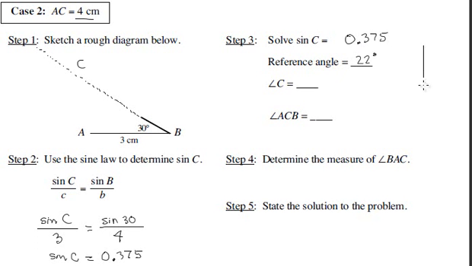Now you remember what we were doing before. We said if sine C is 0.375, that tells us it's positive, meaning we could be in this quadrant or this one. Our reference angle is 22, either there or there. And so what angles could we have? 22 degrees, or this would be 180 minus 22, which is 158 degrees.